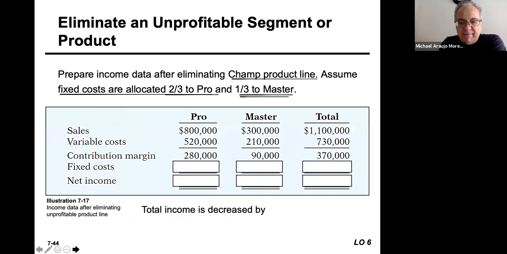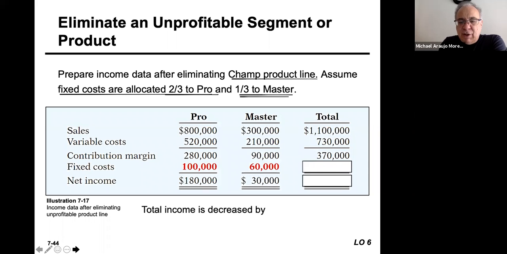That's what they're talking about. So you're going to add the fixed costs. So now your Pro costs are increasing to 100,000. They were 80,000 before, they're 100,000 now. Your Master is increasing to 60,000. They were 50,000 before, they're 60,000 now.